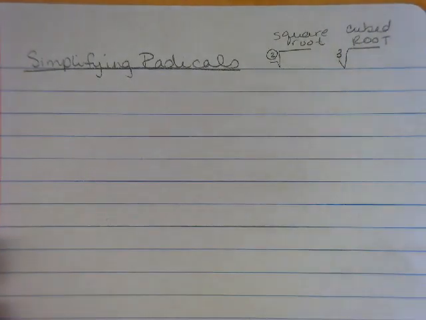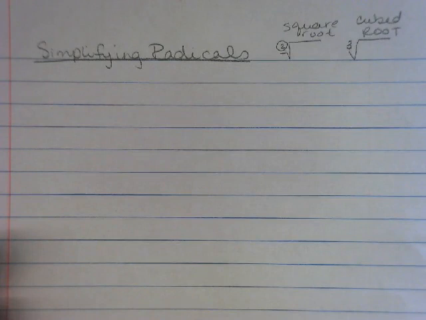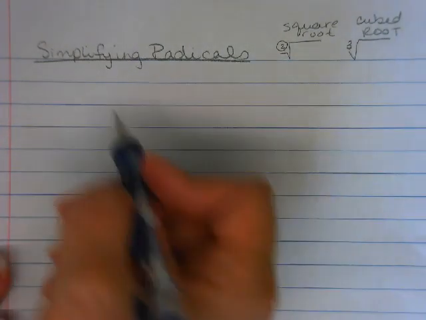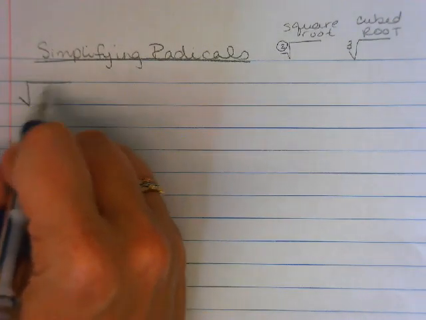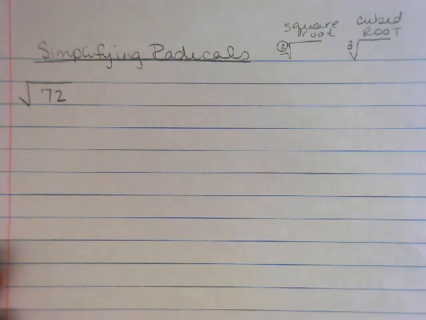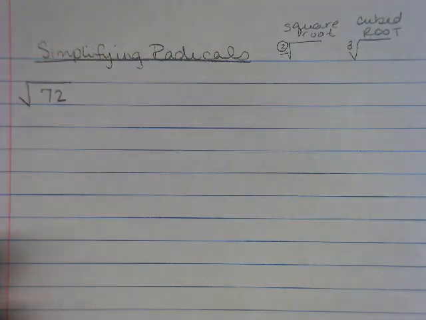When we talk about simplifying radicals, you can do this in a couple of different ways. If you watched the video for Coach Greenacre, you saw that you are best off if you break your value into a perfect square and some other factor.